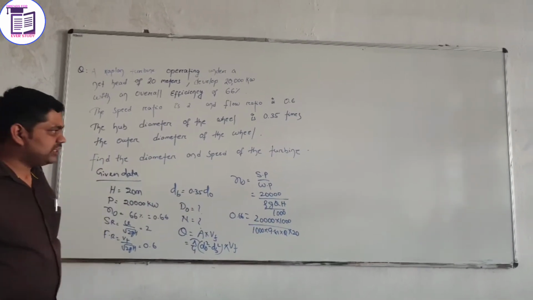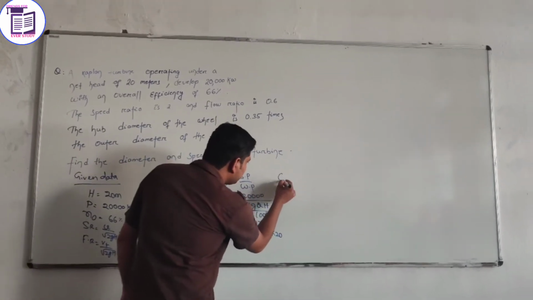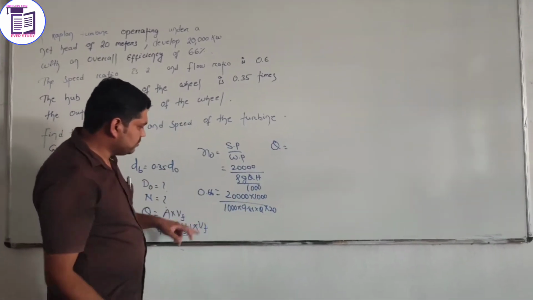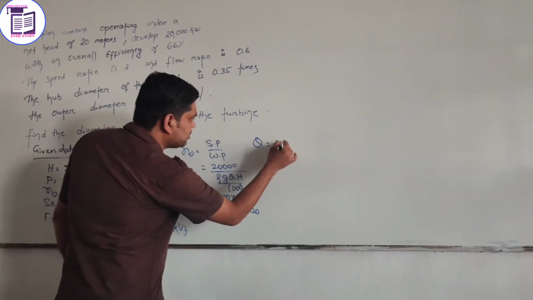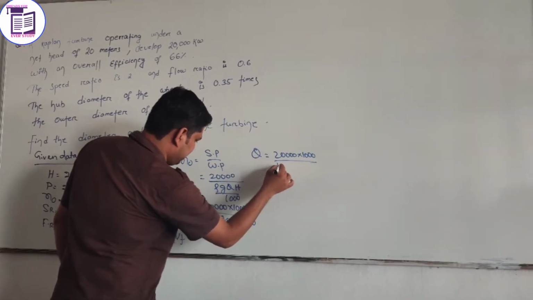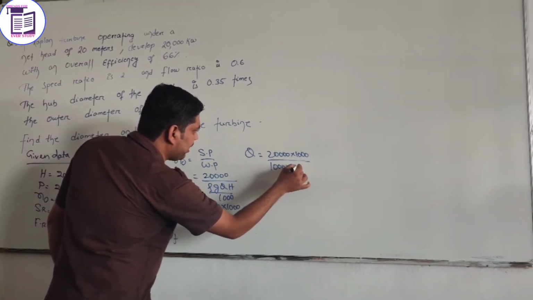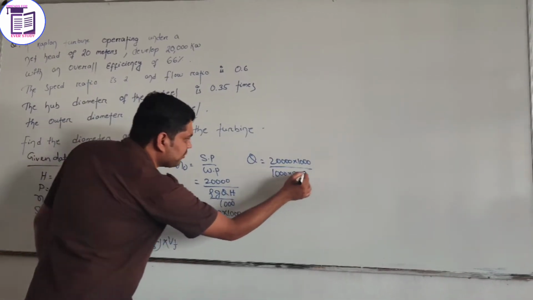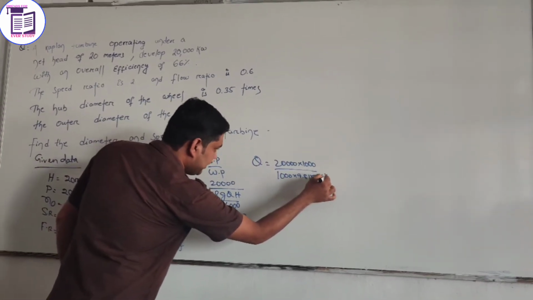Now cross multiply with each other, and we can write Q, or discharge, is equal to 20,000 into 1000 by 1000 into 9.81 into 0.66 into 20.